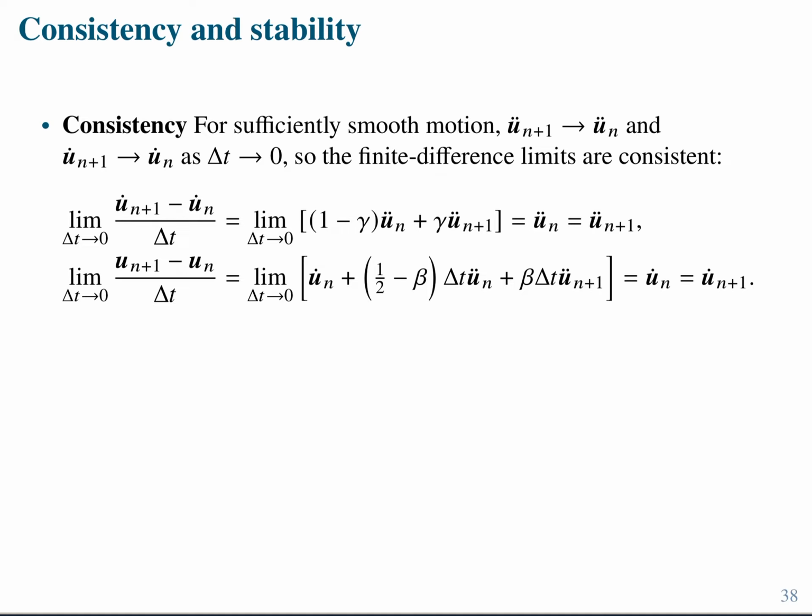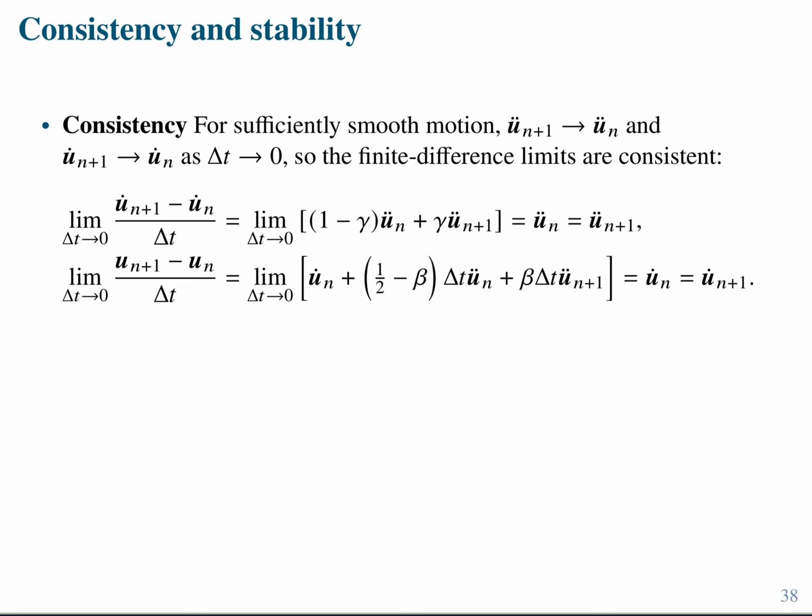So we talk about consistency when we say, well, a method is called consistent as long as you can guarantee that as your delta t, or the time step that you choose, goes to 0, both the acceleration and the velocity at the ends of the interval get close to each other. That simply makes sense.